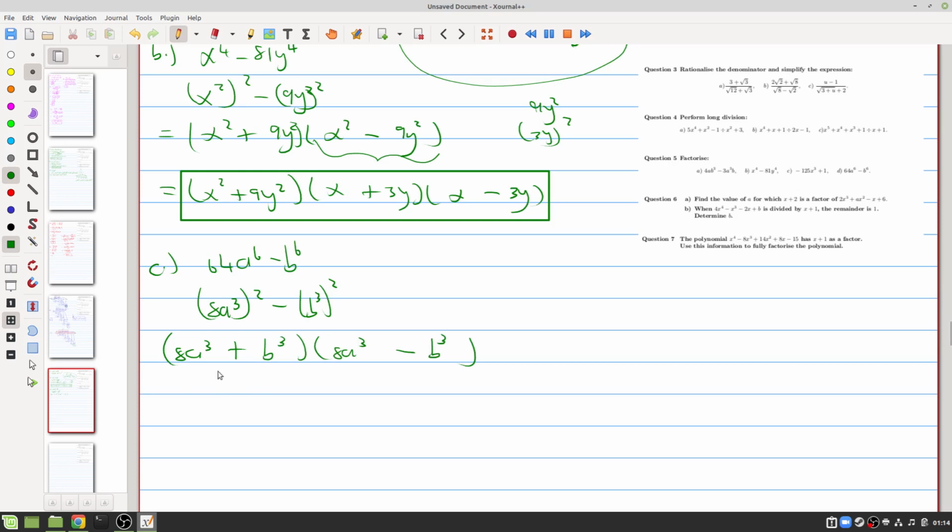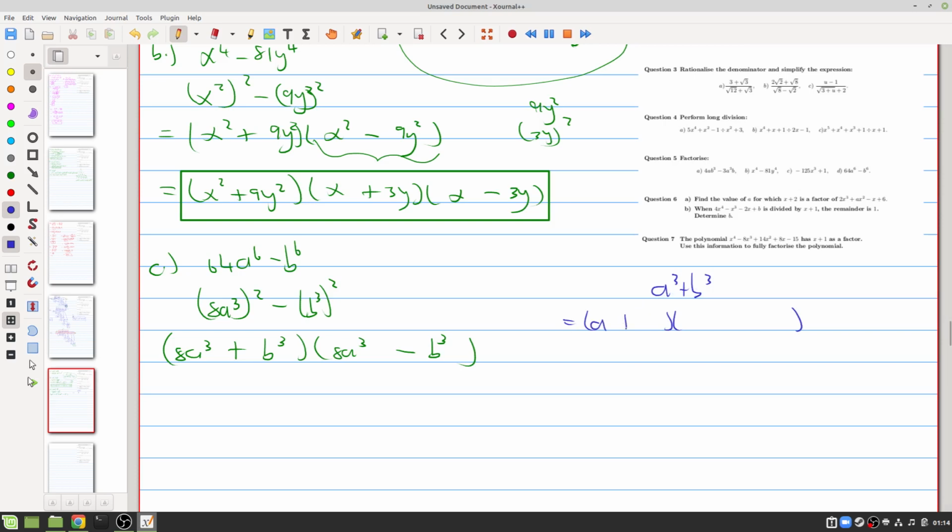But both of these can factorize further. This is actually not that common of a thing to factorize. So the rules here are, if we've got something like this, sum of two cubes, that becomes two brackets. So in here, we've got the cube root of both.